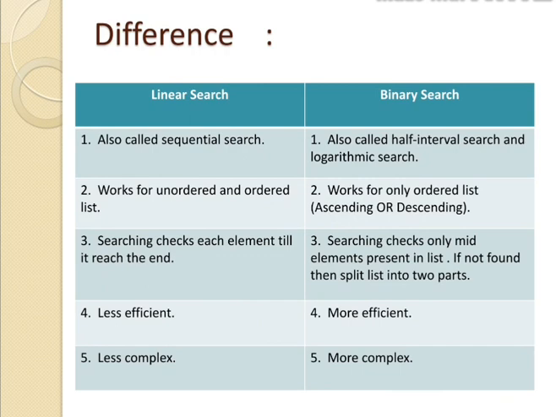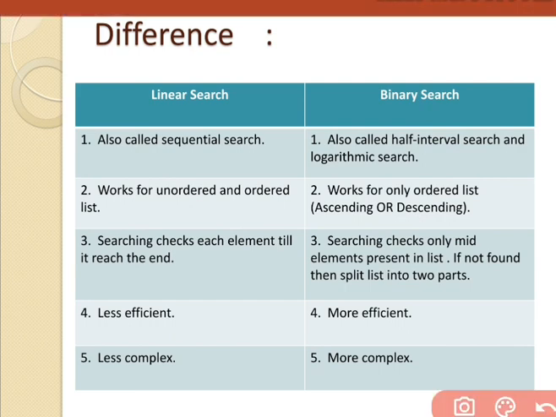In C, we have a few differences between linear search and binary search. First of all, linear search is a sequential search. And binary search divides the array into two parts. That's why it is a half sequential search. And we can also say it is a logarithmic search, because it is not fixed.